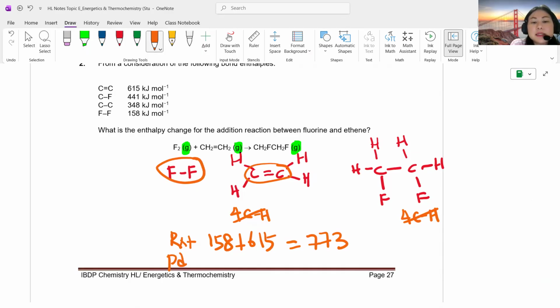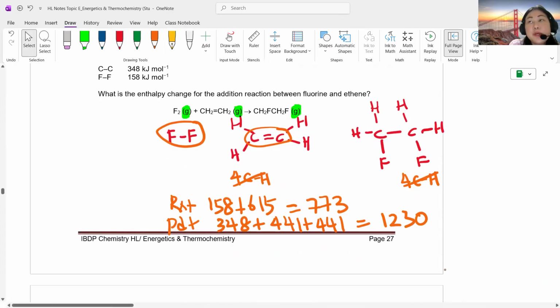Bond in my products, our CH all cancel out already, so we don't need to care about CH. It will be just 1 CC single bond, 348 plus 2 CF single bond, 441 plus 441. Okay, or you can use 441 times 2 plus 348. So you get 1230.